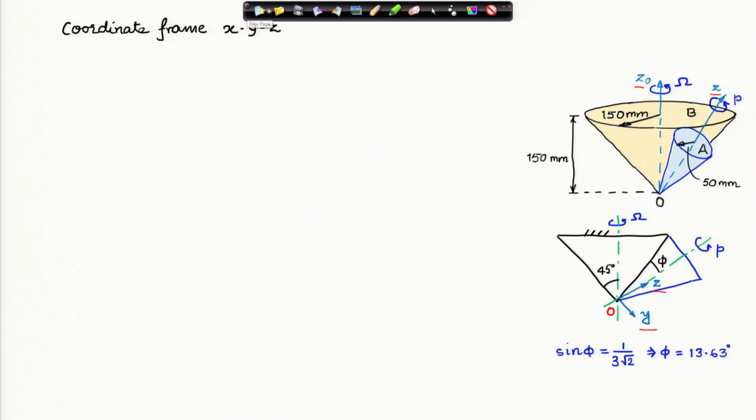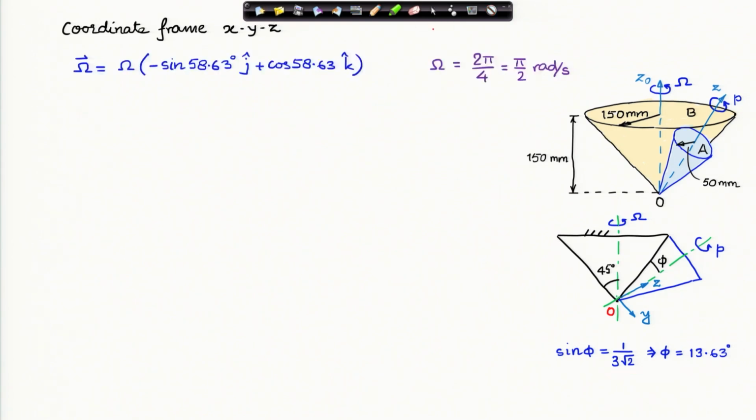You can use geometry to find out various angles. This angle phi, for example, can be determined from the geometry that is specified. Now, we are going to express all the vectors. Omega is the precessional angular velocity.